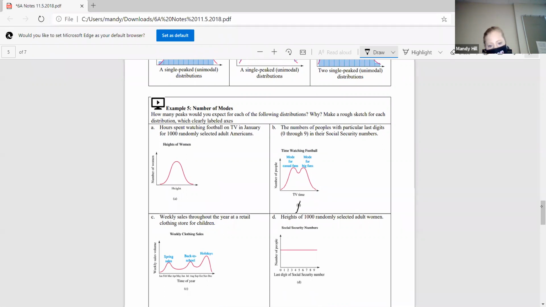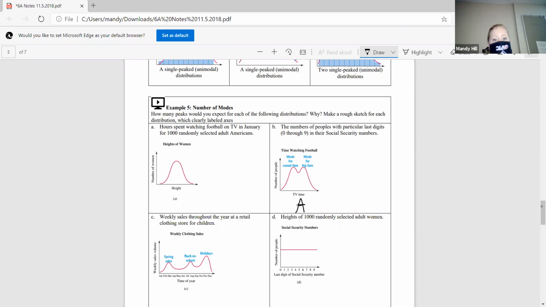This graph goes with A. How many modes? 2, right? One mode for casual fans and one for big fans, and we've got TV watching time down here. So we've got two groups that have two different modes.